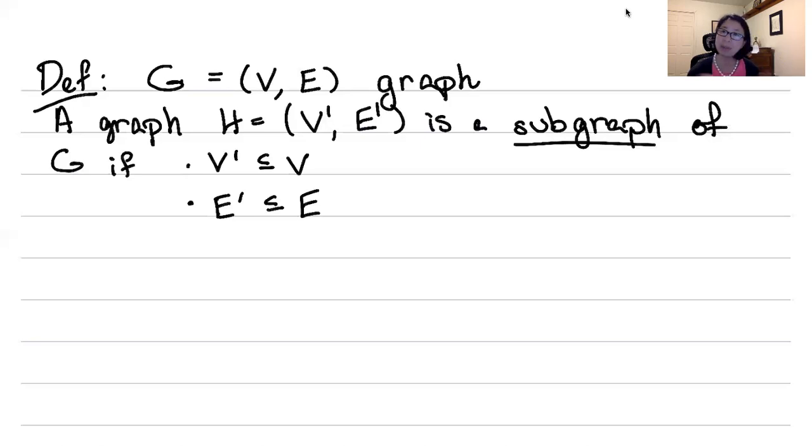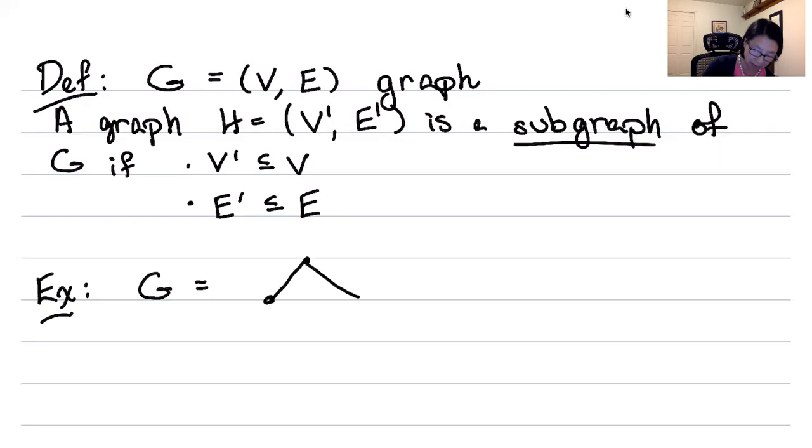We've already seen some important examples of subgraphs. For example, if I have a graph G, let's say the graph that looks like this.